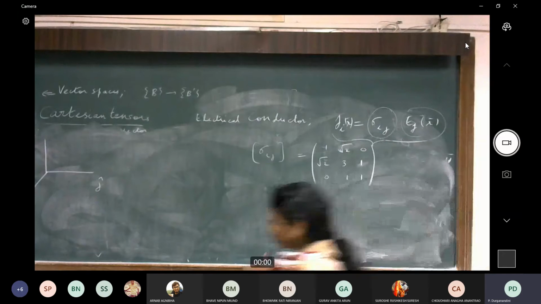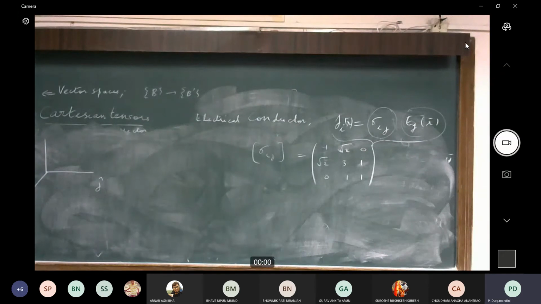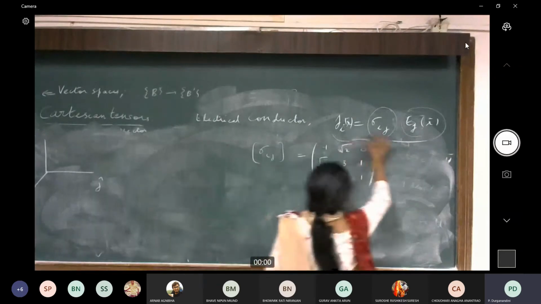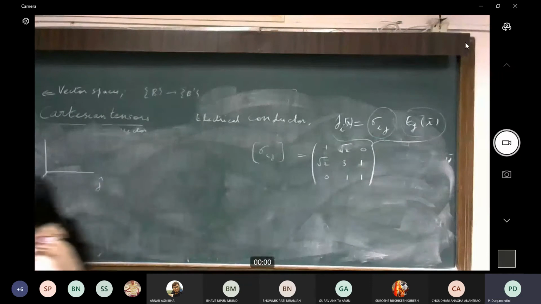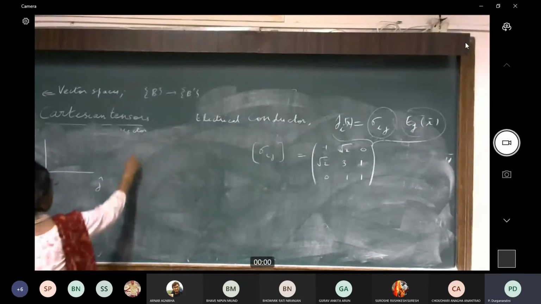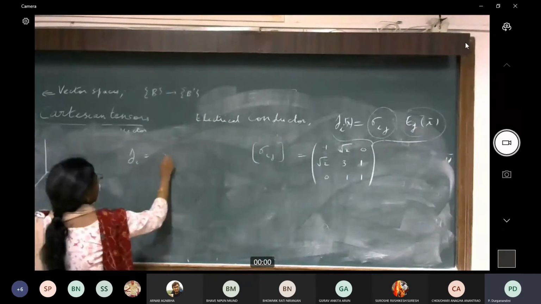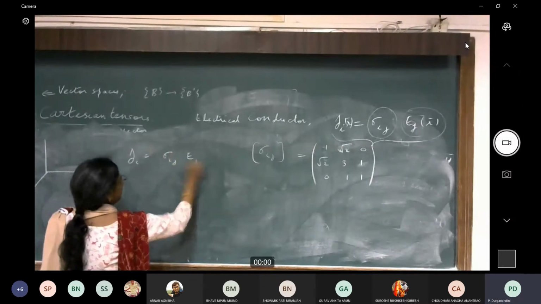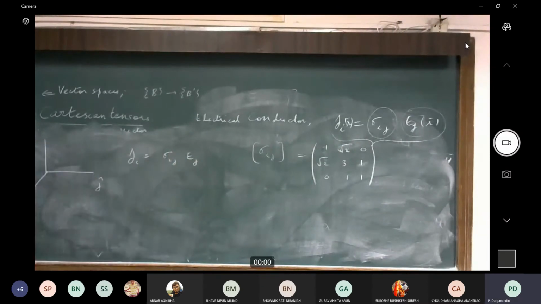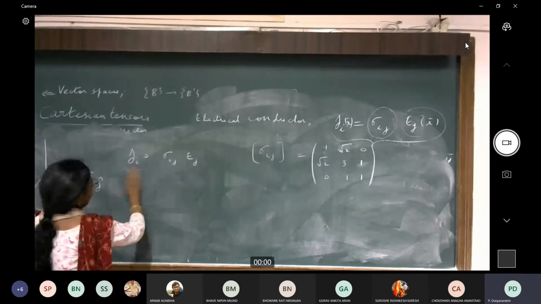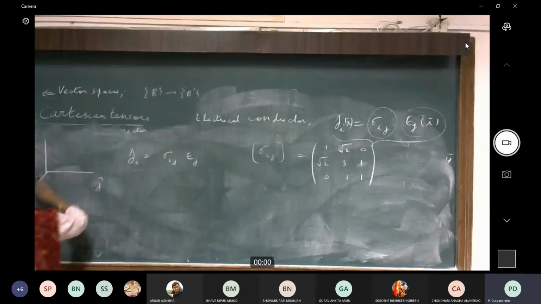So to do that, I will show you how to do this. So let us do one thing. Now this is a tensor equation, because I have J_i equal to sigma_ij E_j. Fine. Now this equation, as we've written it, is with respect to this particular choice of basis, where I've chosen the coordinate axes as i cap, j cap, and k cap.